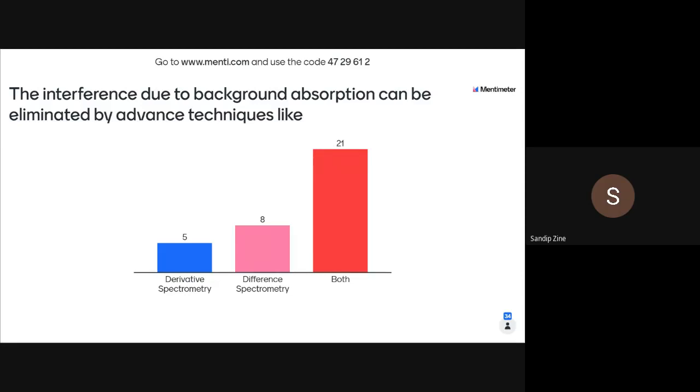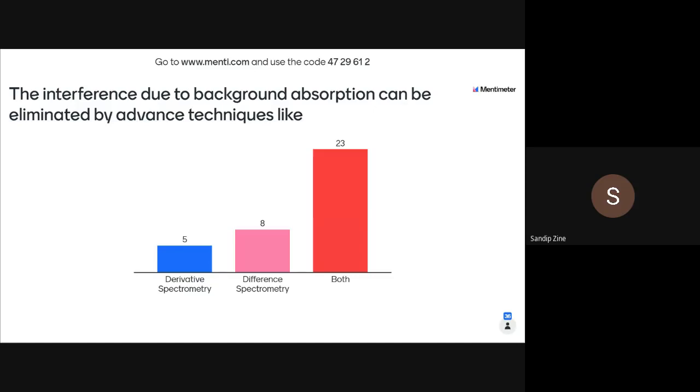And before we start this particular derivative spectrometry, it's very important to understand why derivatization is required, or why we are moving from normal UV absorption to derivatized form of absorption, or maybe the derivatized spectrometry. So before that, you just give me one answer over here in a chat box.